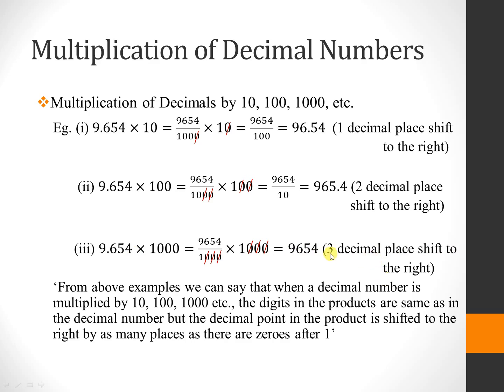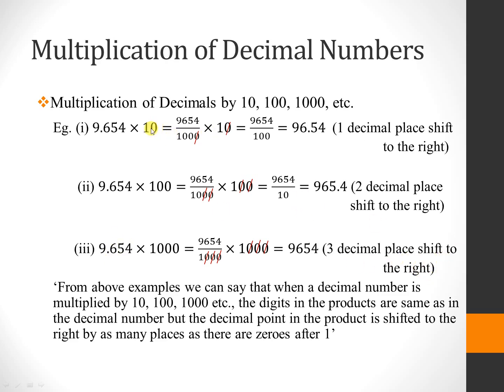From this we have learned that with 10 the decimal shifts 1 place to the right, with 100 it shifts 2 places, and when we multiply the same decimal number by 1000, it shifts 3 places to the right.